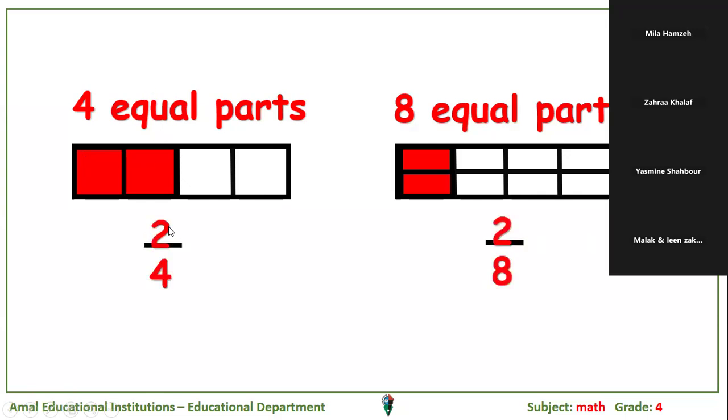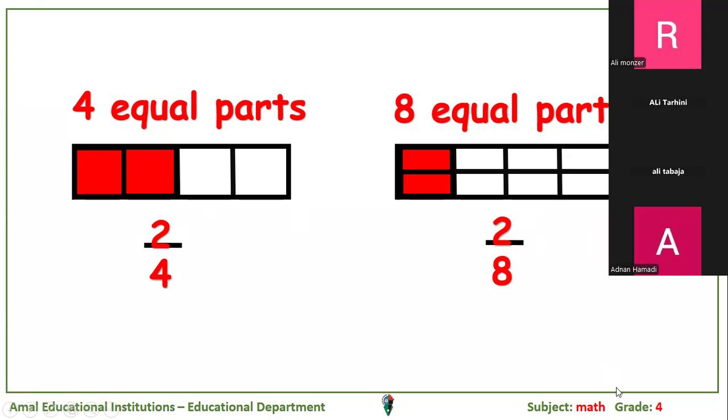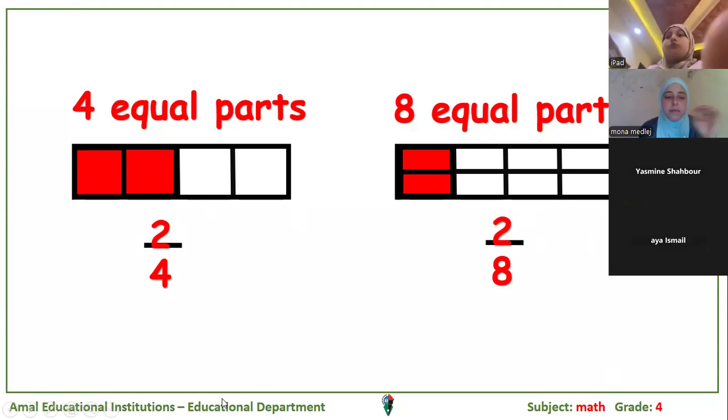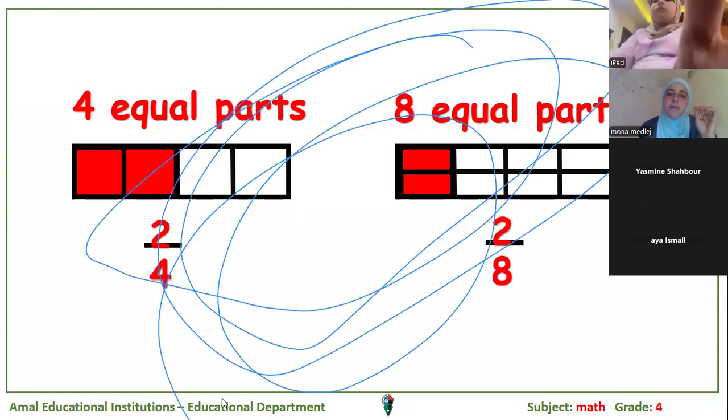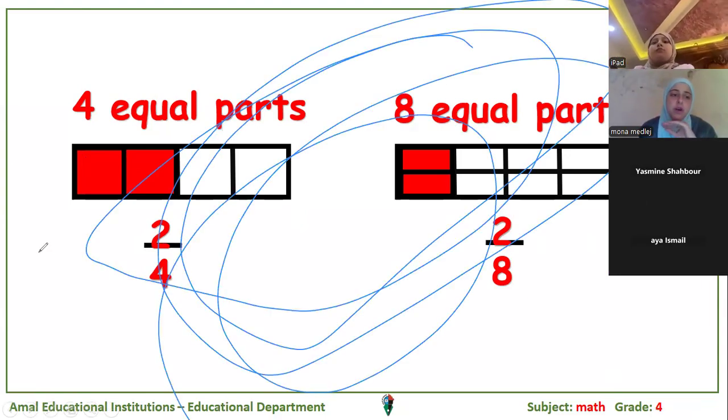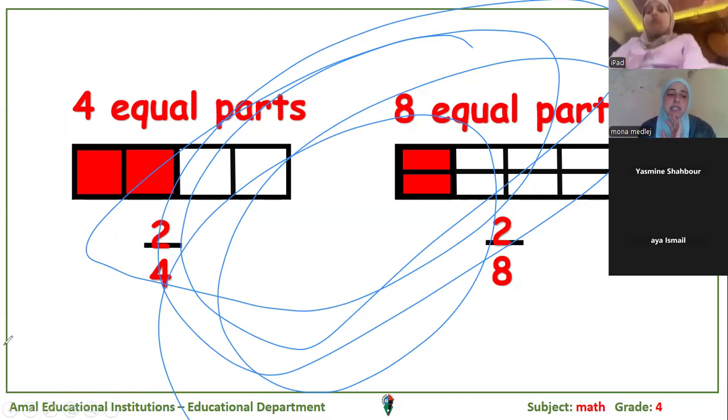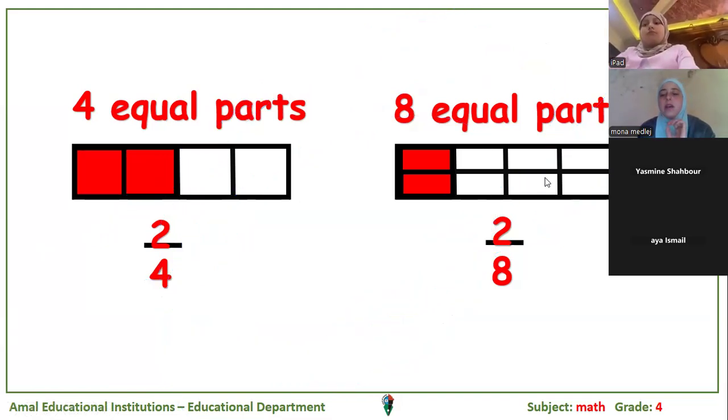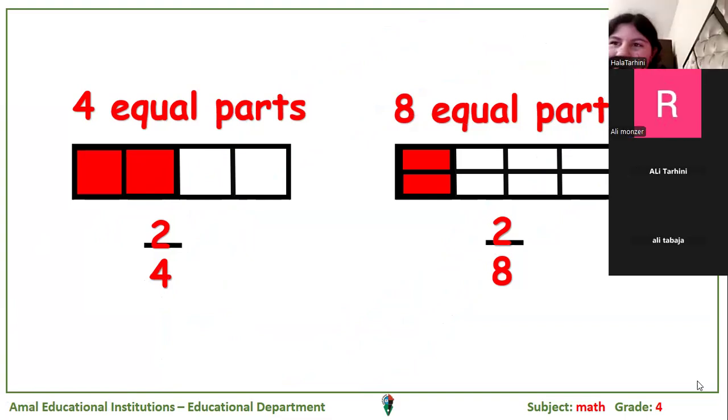In the first example, 2/4, in the second example, 2/8. Do you know why 2/4 is bigger than 2/8?